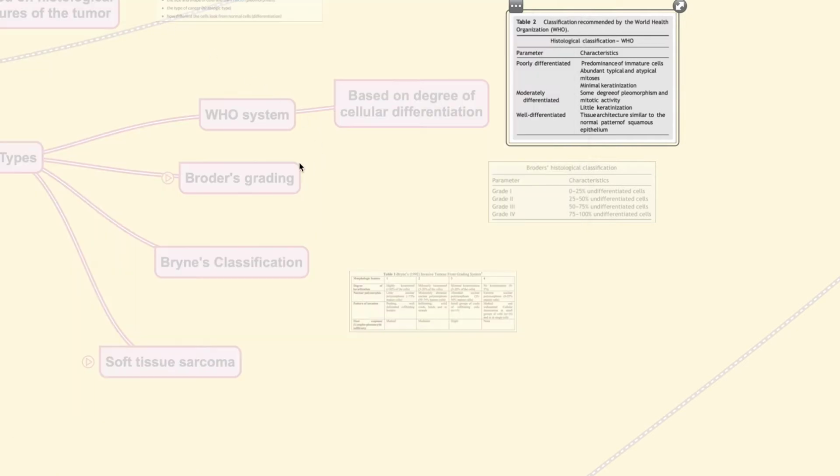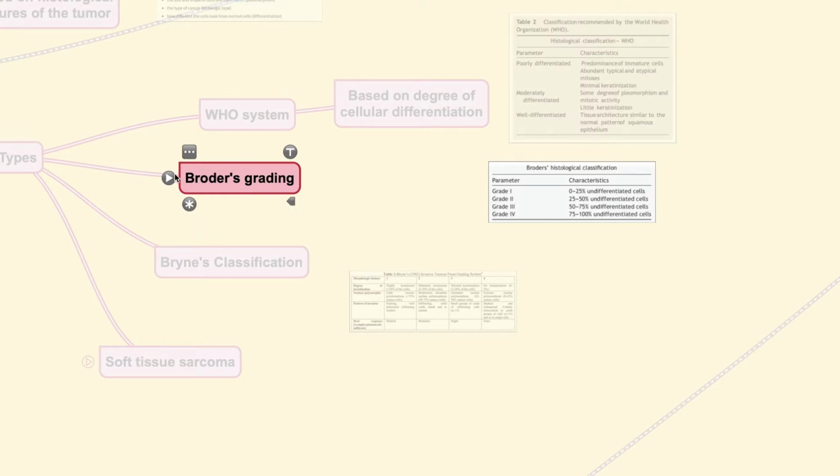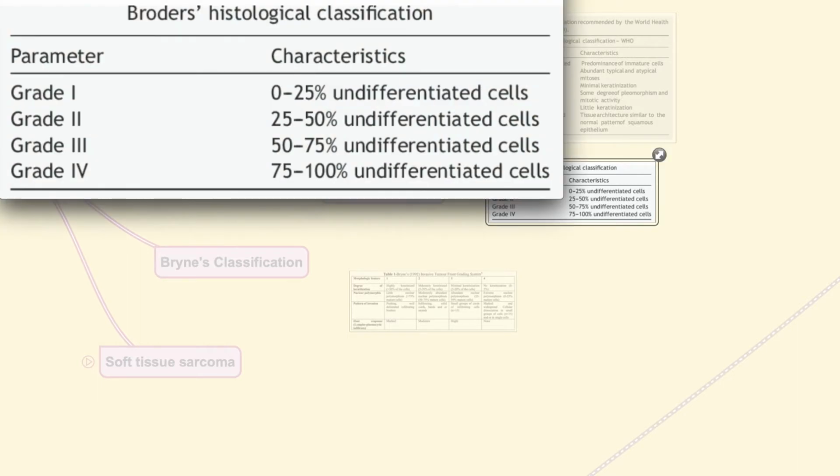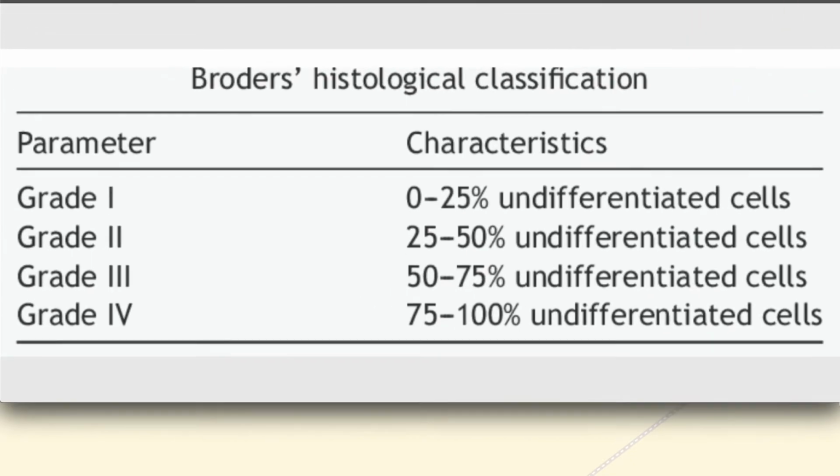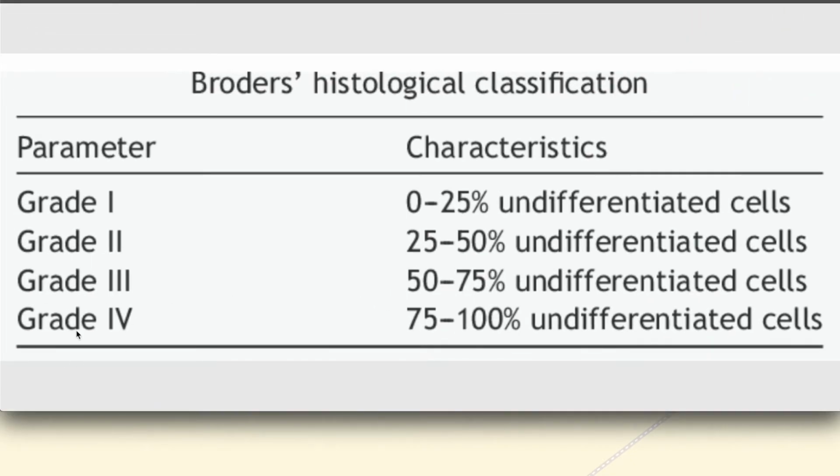Now, moving on to another grading system, by Broder. The Broder grading system is based on the level of cellular differentiation. It is known that in a higher grade tumor, in other words a more severe case, usually the cells are even more undifferentiated.